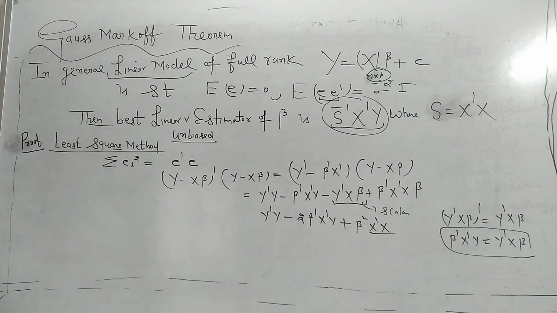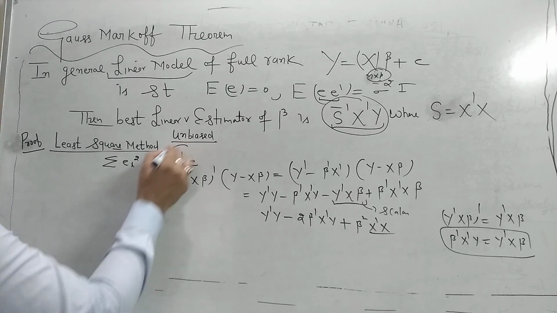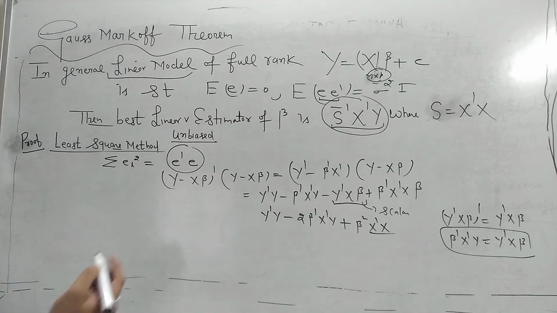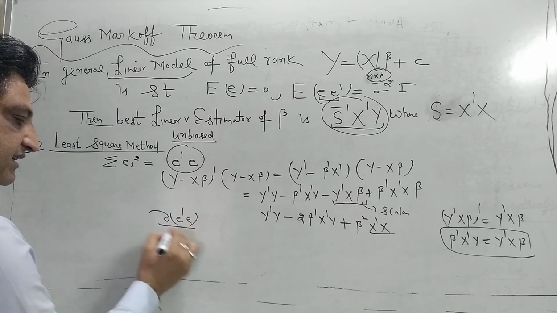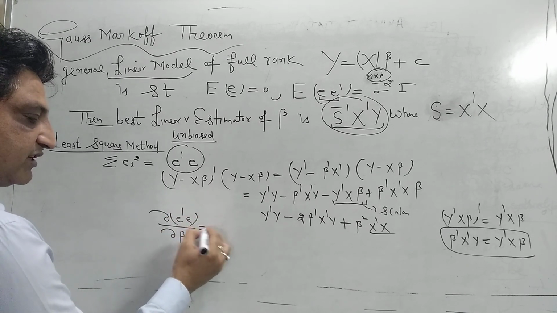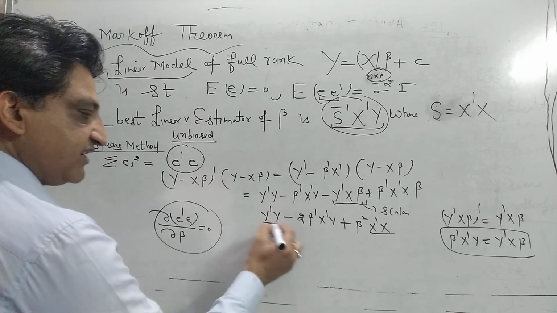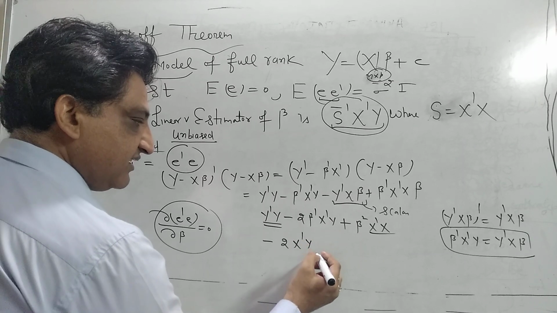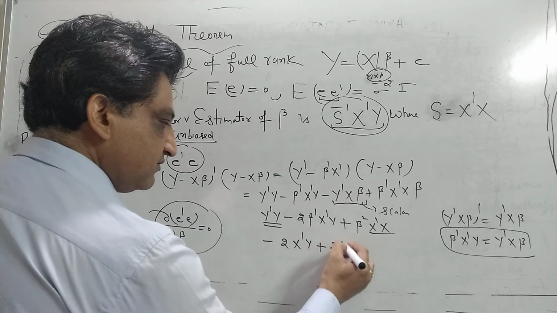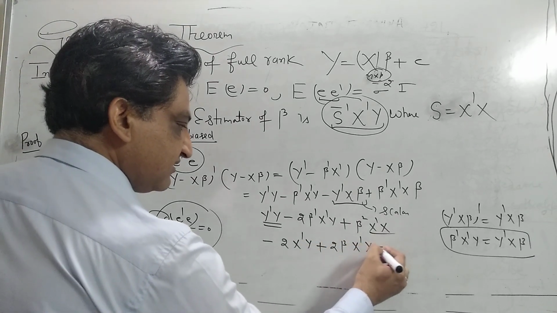This is also a scalar. Now in order to find the least squares, we differentiate this with respect to β and put it equal to 0. When I differentiate, this will be minus 2X'y plus 2X'Xβ equal to 0.